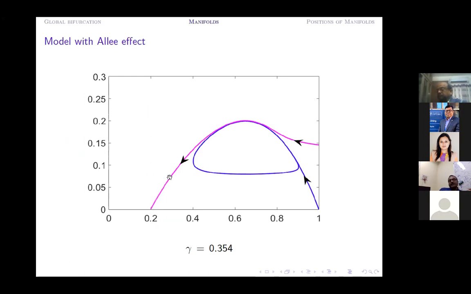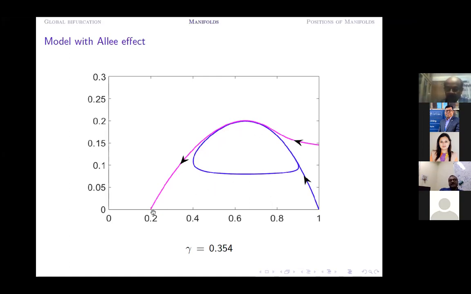In order to generate this stable manifold, you can just consider negative time integration, that is, backward integration with the help of the RK4 method. So instead of plus dt, you have to choose minus dt. Accordingly, you can find these two manifolds: one is the unstable manifold, another is the stable manifold. What you can see is that here the stable manifold lies above this unstable manifold.